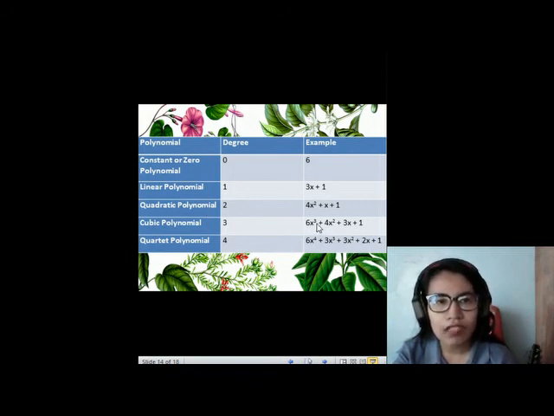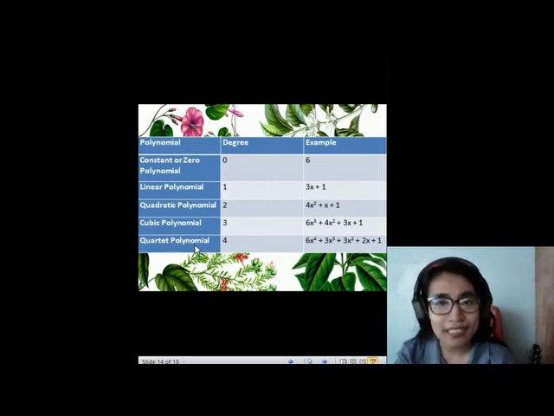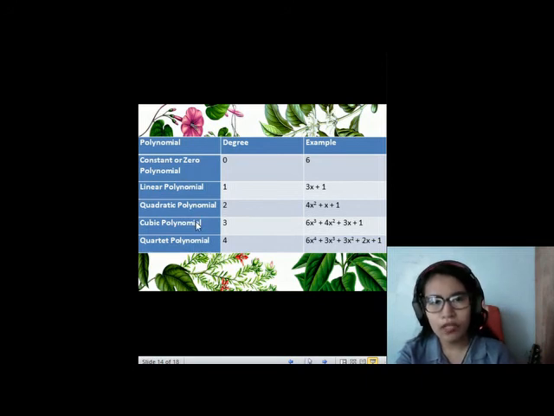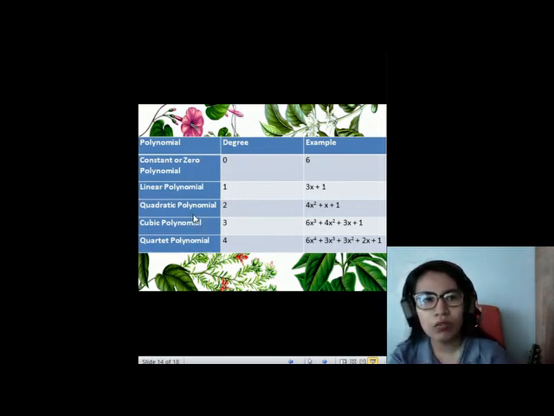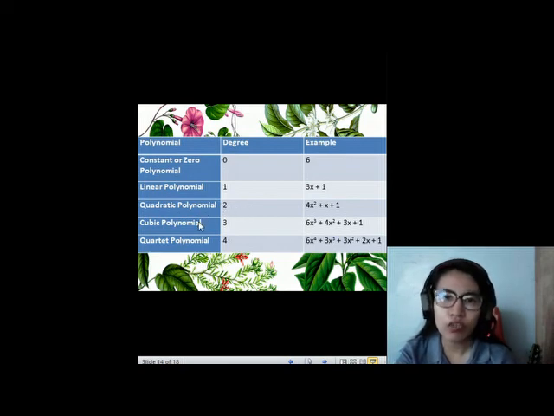Next, highest degree is 3, and it is called a cubic polynomial. Next, highest degree is 4, and it is called a quartic polynomial. So those are the types. But we just deal with the quadratic sometimes. But you still see cubic and quartic.